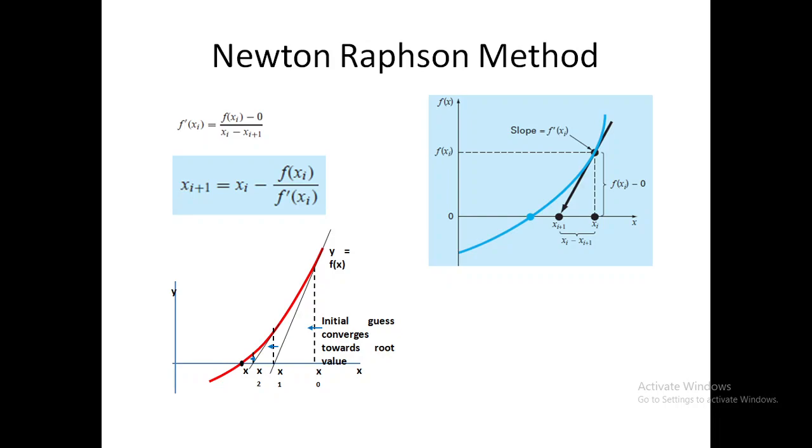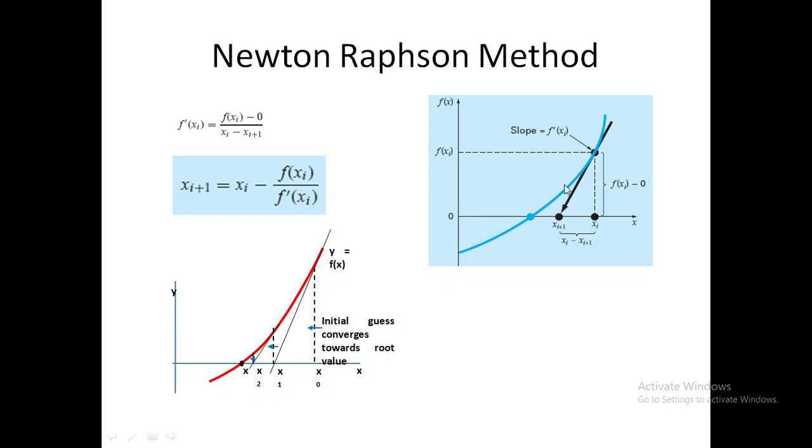Already we have seen in this graph, the value of the new guess or root is estimated by drawing a tangent at the point, with slope f dash of xi. That coordinate is given here, xi.